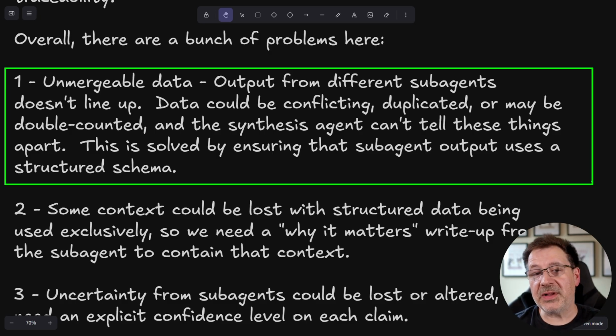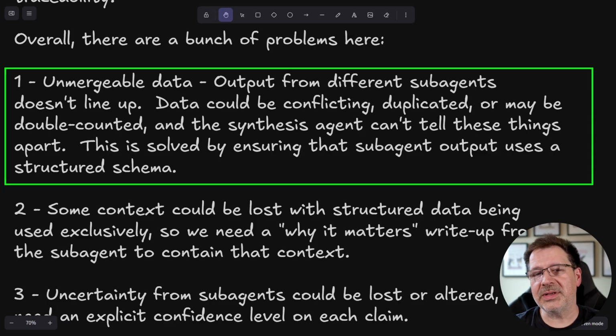Data could be conflicting, duplicated, or we may be double counting something because multiple agents looked at the same thing. And at that higher level, we're just going to count all of those instances, even though it's really the same file. So we can't necessarily just rely on prose output from the subagents.